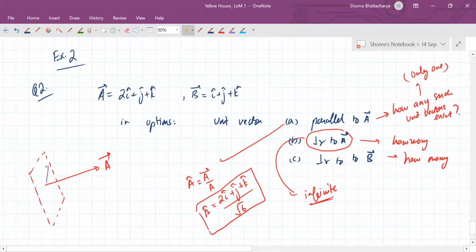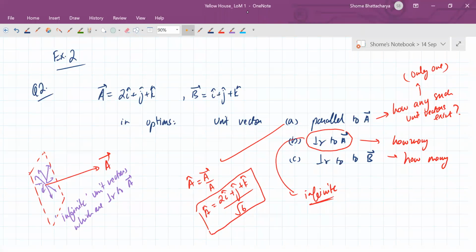No? The infinite unit vectors in this plane, they're all perpendicular. So there are infinite unit vectors which are perpendicular to A. Similarly, there are infinite unit vectors which are perpendicular to B.